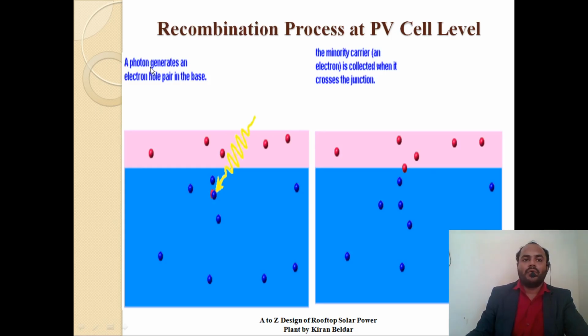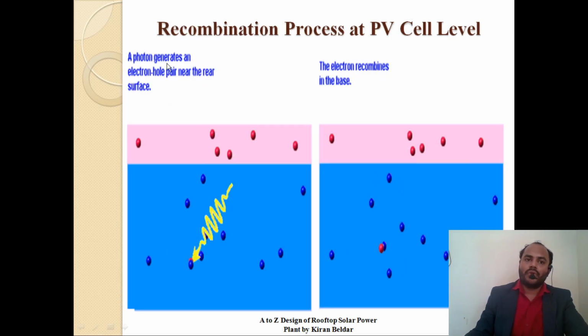Third, a photon generates an electron hole pair in the base. Again the minority carrier, the electron, is collected when it crosses the junction, and because of that there is a bifurcation of electricity generation.